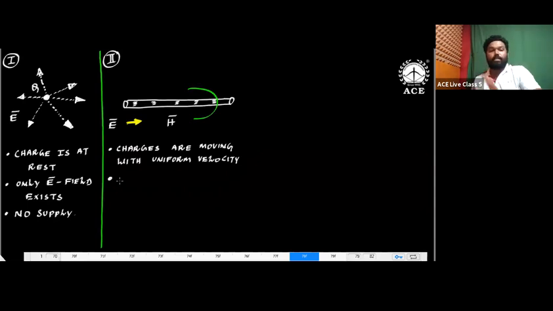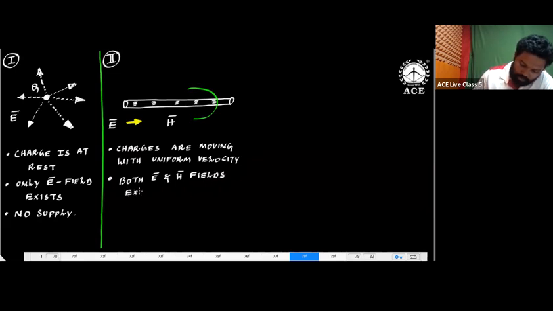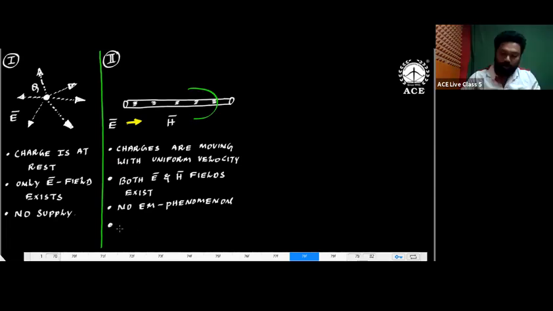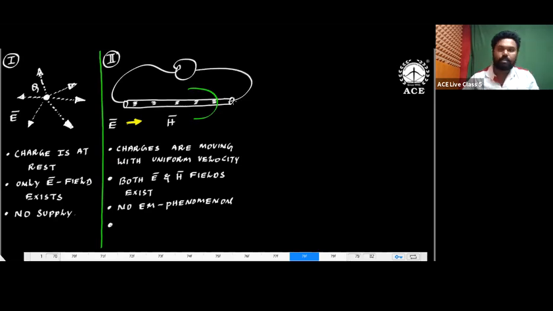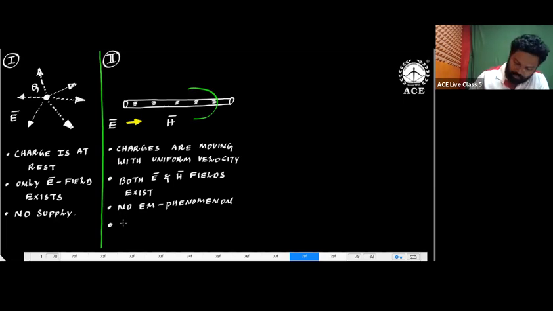Both E and H fields exist, but no EM phenomena. What kind of supply is needed? Actually, I need to show the supply like this, which I am not showing here. What kind of supply? Constant supply.